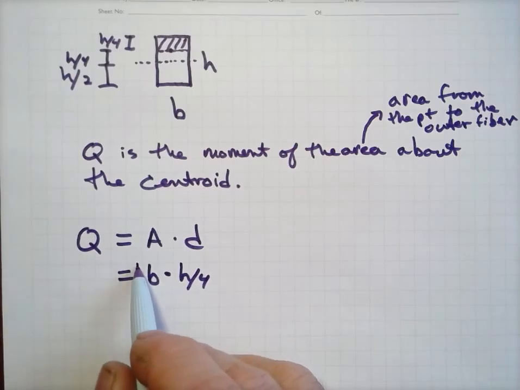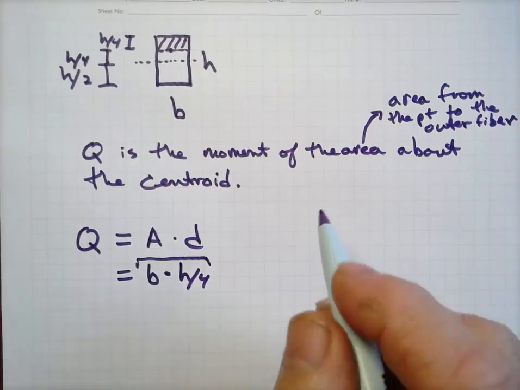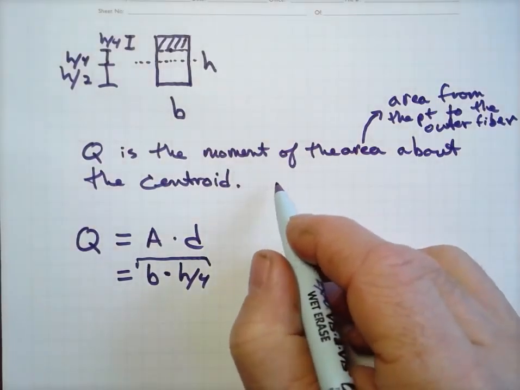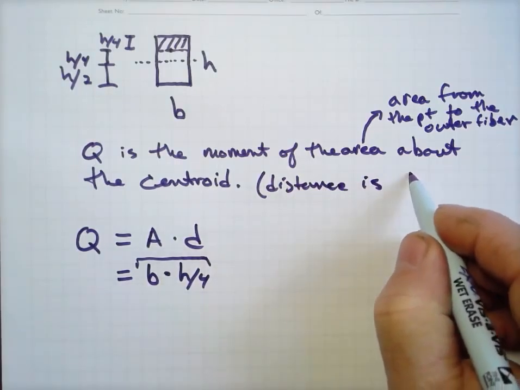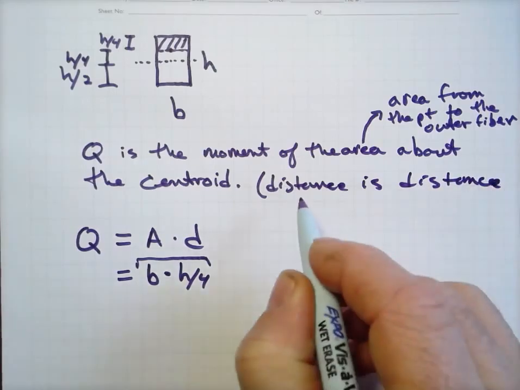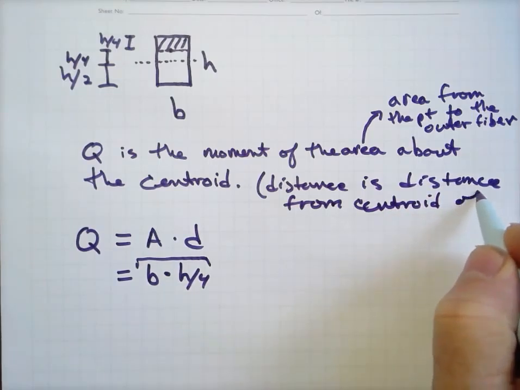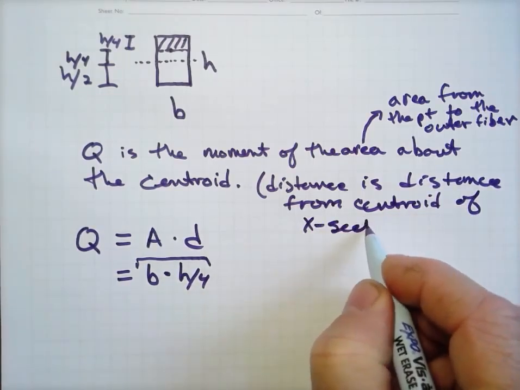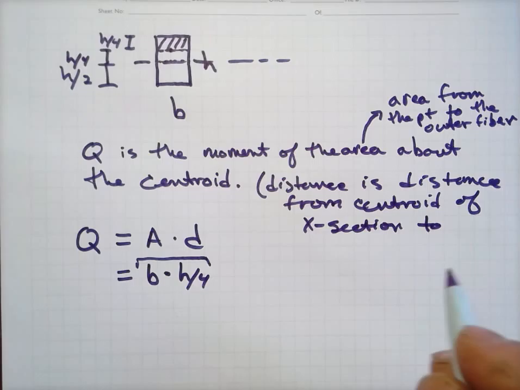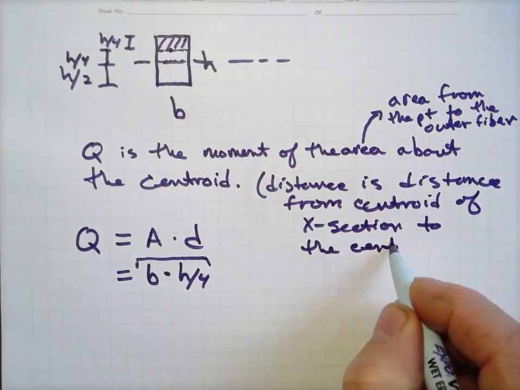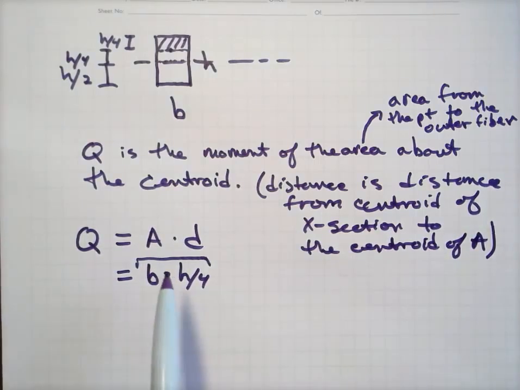So there's the area. What's the distance? The distance is the distance from the centroid of the beam, or centroid of the cross section, or centroid, to the centroid of A. In other words, of this area.